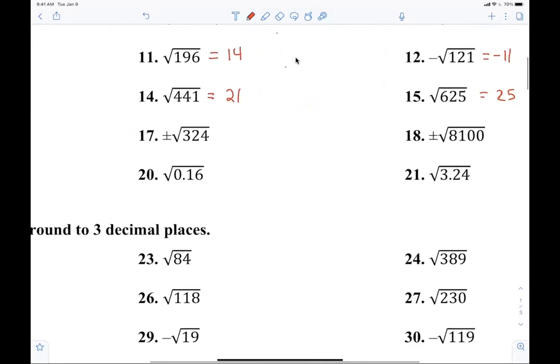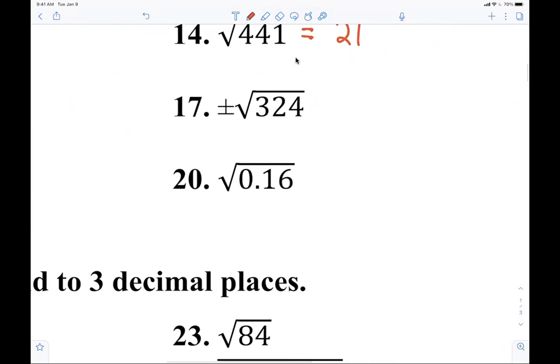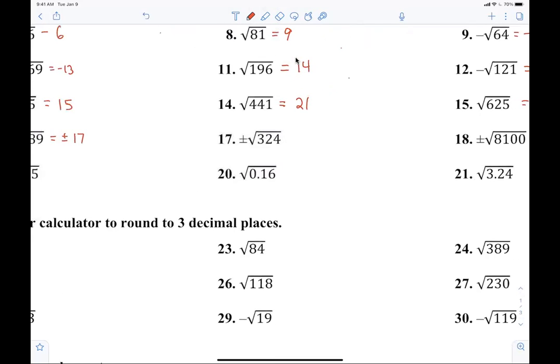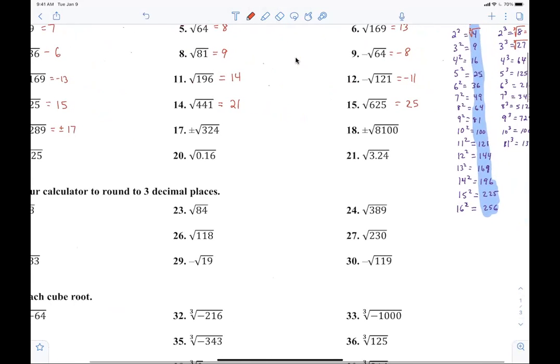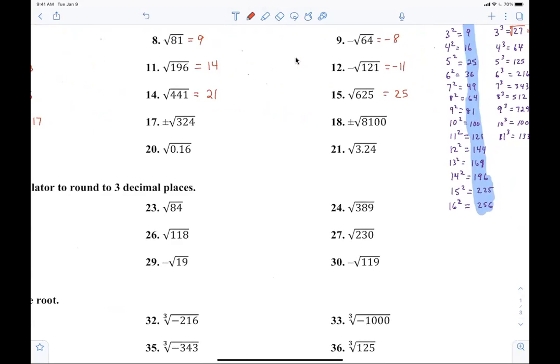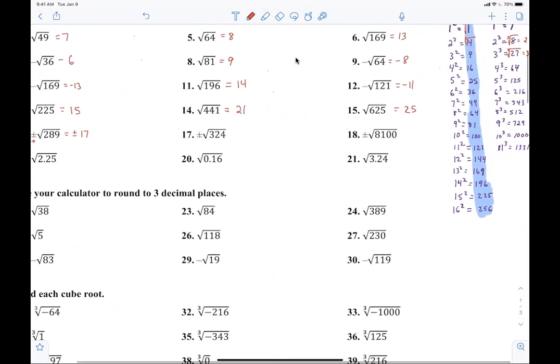324. I don't think we did that one. What are you thinking? Yes, that's a good job. Well, look at 16. What was 16? 16 is 256. And we did 17 was 289. So are we getting close?